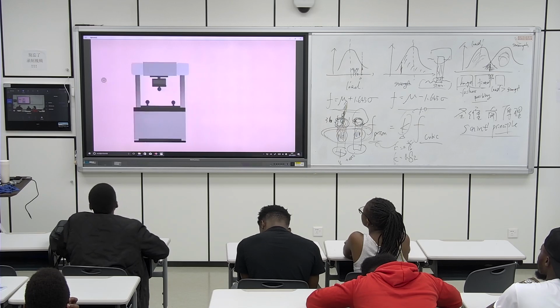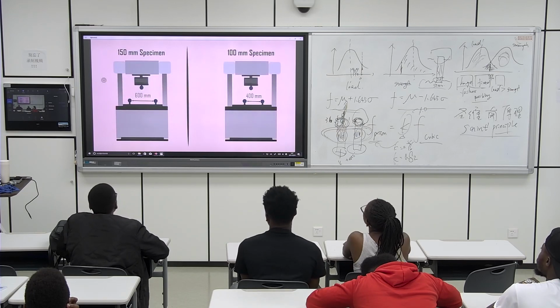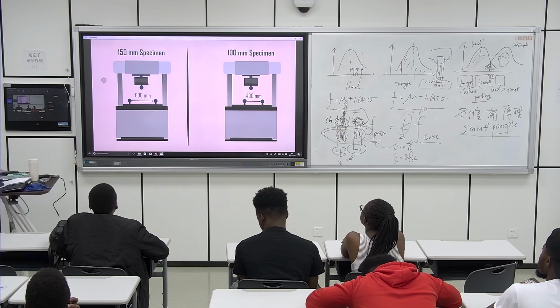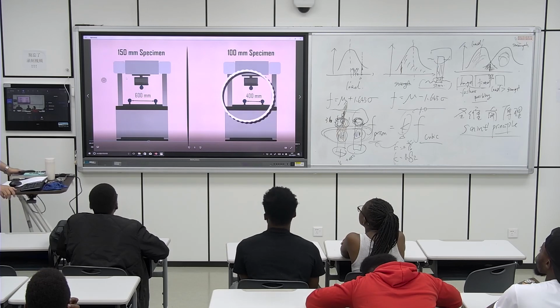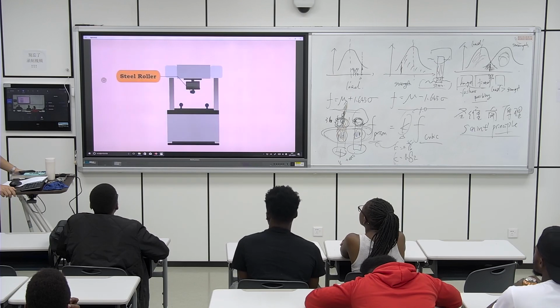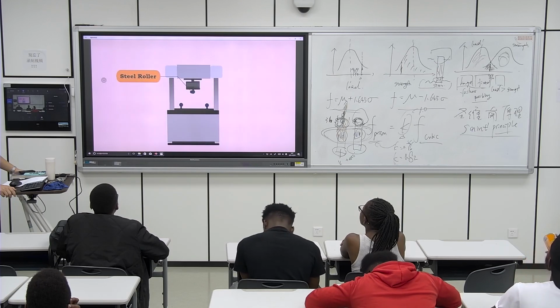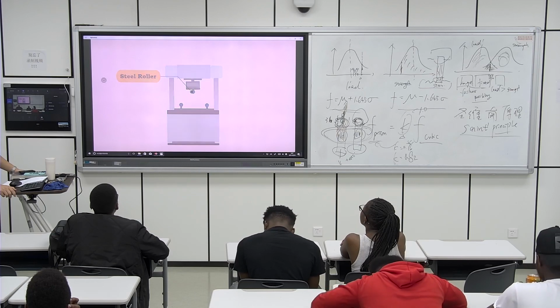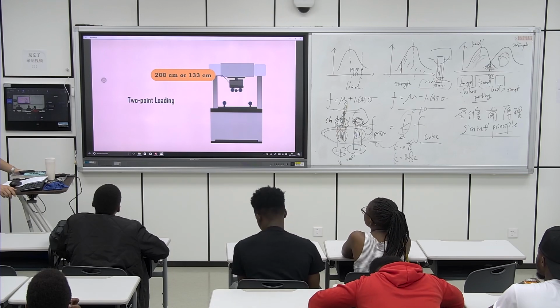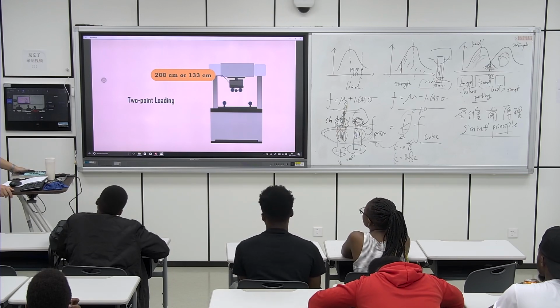The rollers are mounted such that the distance from center to center is 600 mm for 150 mm specimens and 400 mm for 100 mm specimens. The load is applied through a similar roller mounted at the top. In case of 2-point loading, the rollers are spaced at 200 mm or 133 mm center to center.